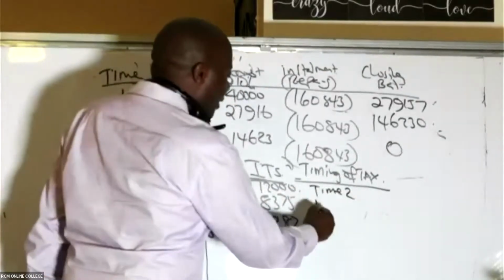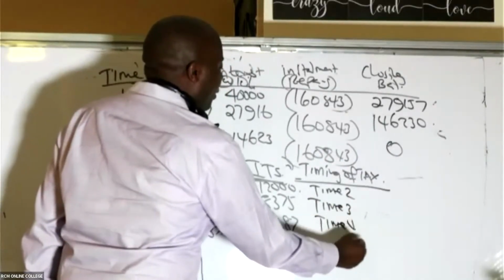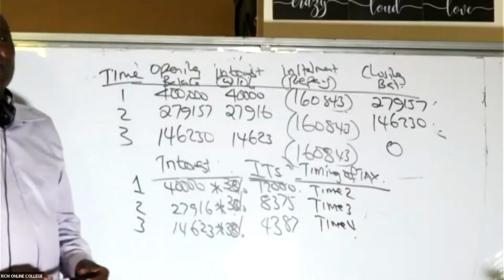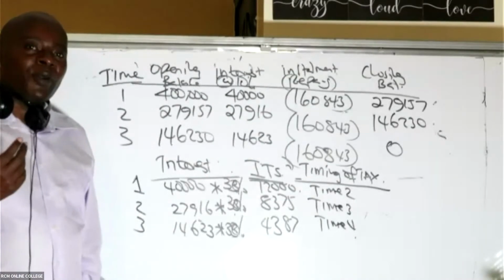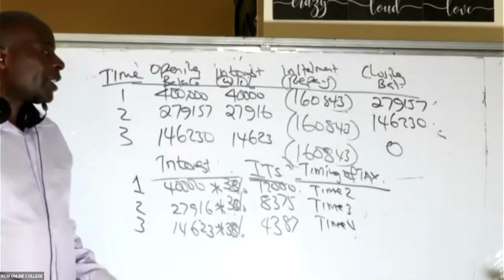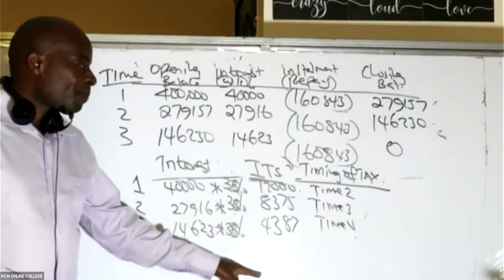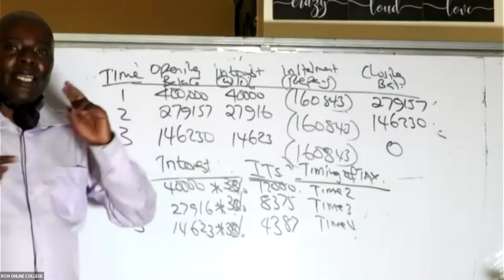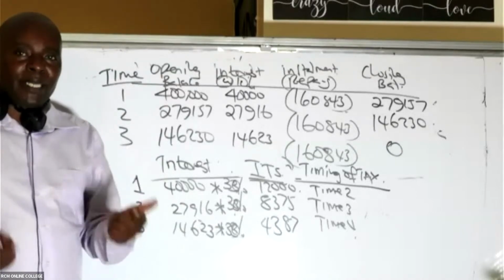This one here will be paid in time 3. This one here will be paid in time 4. Because what is happening here is that there is a delay. We are delaying this and paying next year.